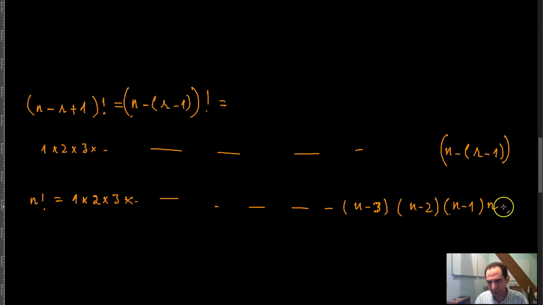Now, if you pay attention here, you can write this as n minus 0, and please note that this is n minus something, and so on and so forth. This is not plus something. That would be different, right?